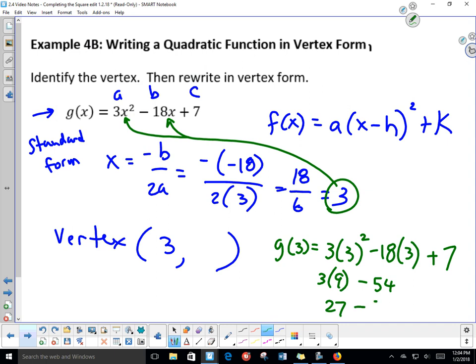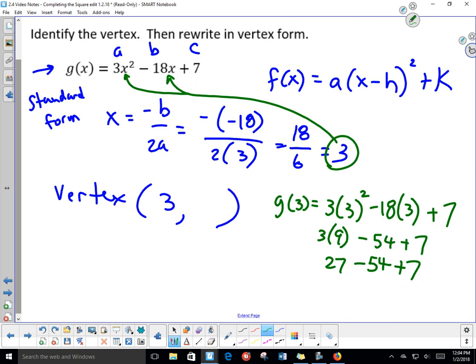You can check me on the calculator, but I think we get 27 minus 54 plus 7, and so that's going to be a negative 27 plus 7. I think that's going to be a negative 20. So I think our vertex is 3 comma negative 20.